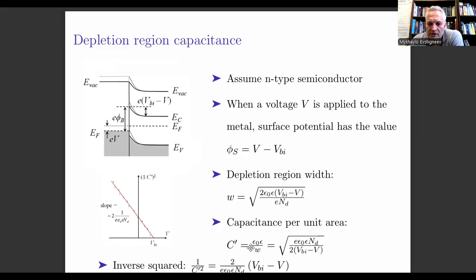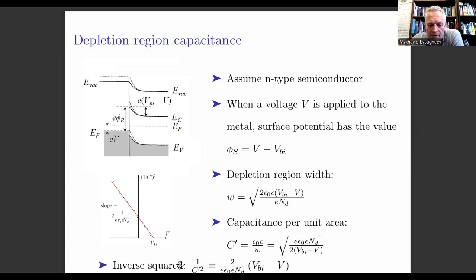And the distance between the capacitor plates is just the depletion region width, W. In order to make this result independent of the geometry, let us divide by the surface area and introduce capacitance per unit area, which would be just epsilon naught epsilon divided by the depletion region width W, and plug in this formula for the depletion region width, and this is what you get.